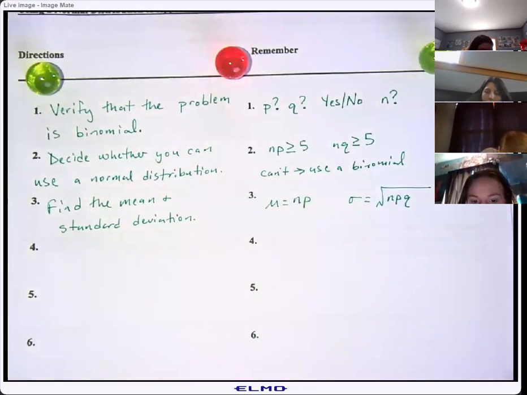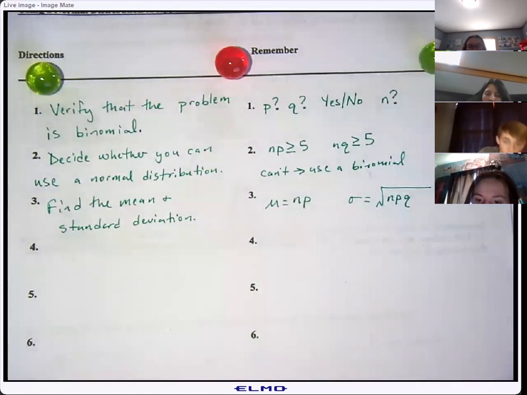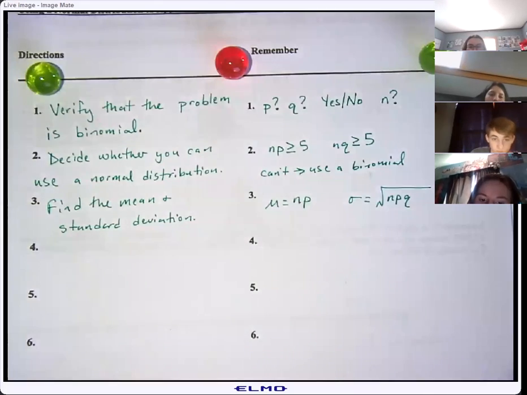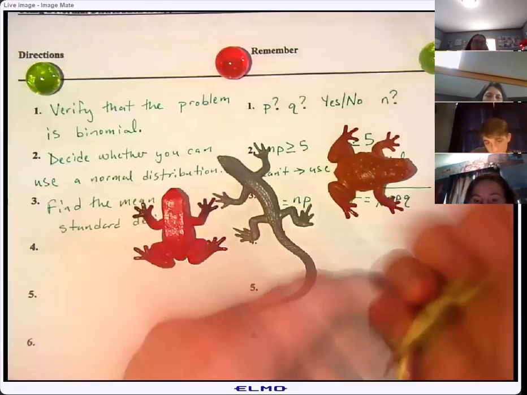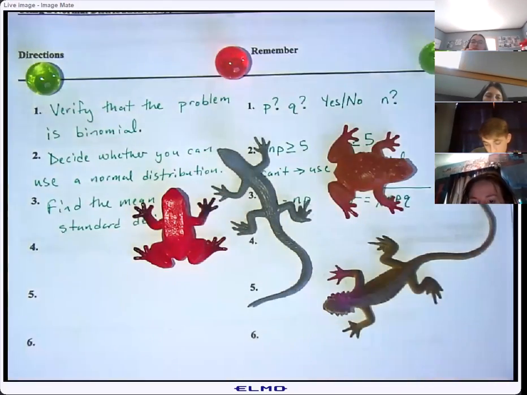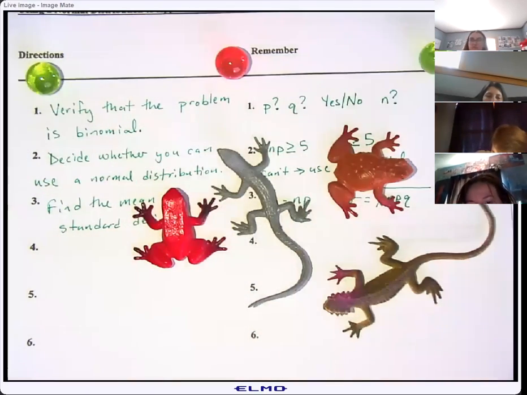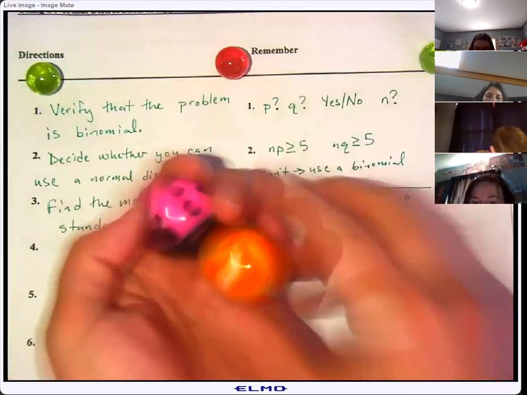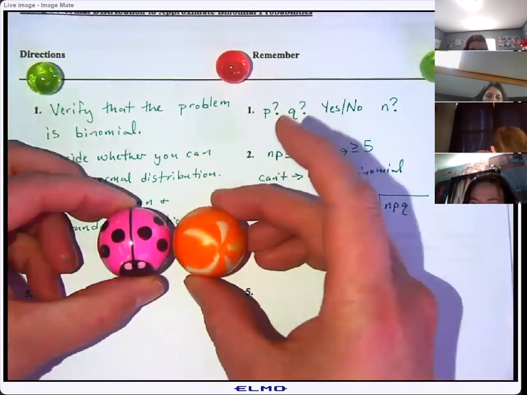All right, I'm going to give it to both of you because you helped each other. Do you want more animals? Kind of, depends on which animal. These are all just repeats in here, so the only ones that are all different are these. Can I have a bouncy ball as well? I've got a ladybug pink and a swirl orange.